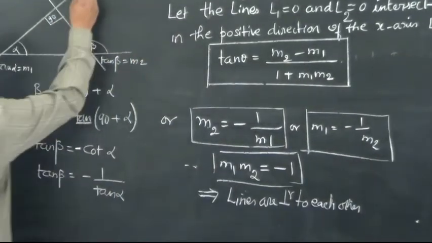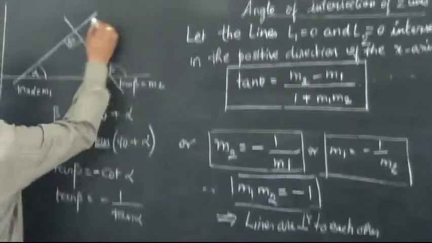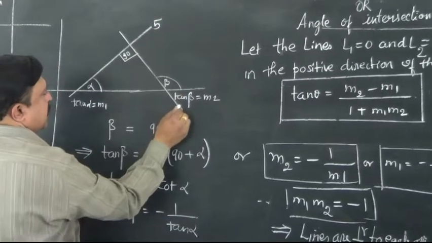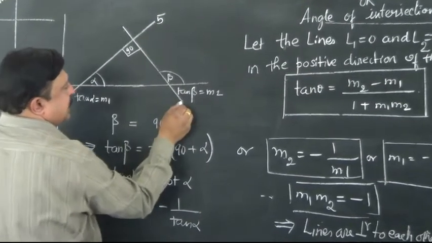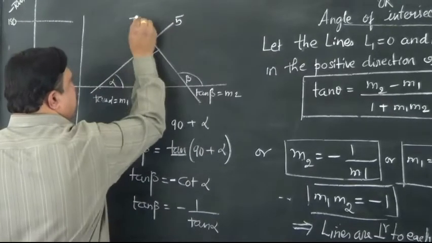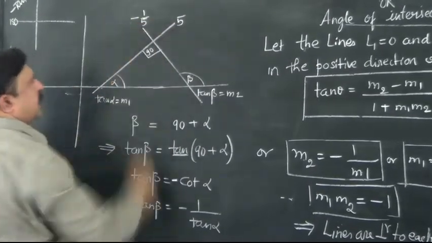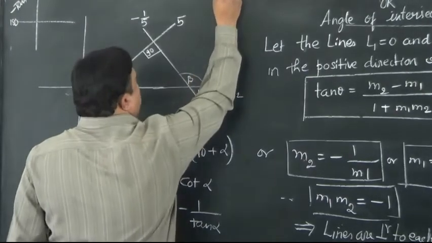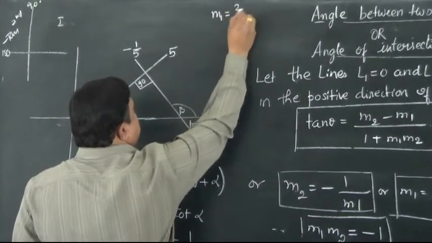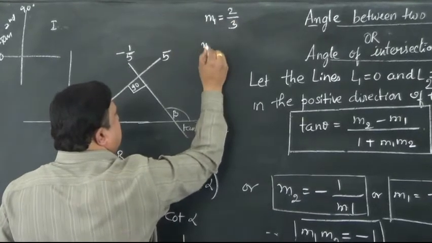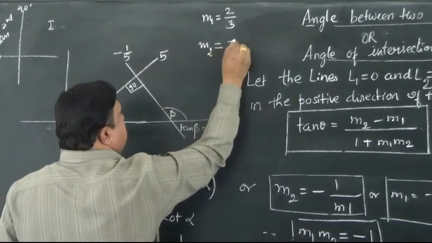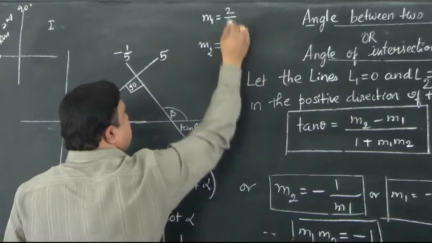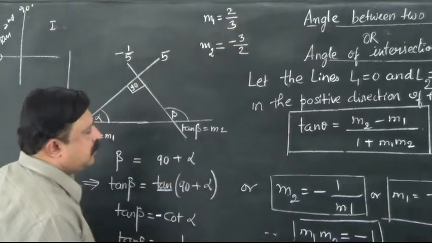For example, if the slope of the first line is 5, then the slope of the second intersecting line perpendicular to this is its negative reciprocal. It is minus 1 by 5. If the slope of the first line is 2 by 3, then the slope of the line perpendicular to this is minus 3 by 2. You just have to write the reciprocal with a negative sign.